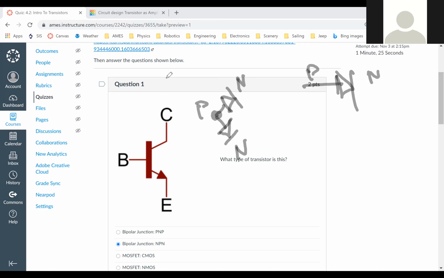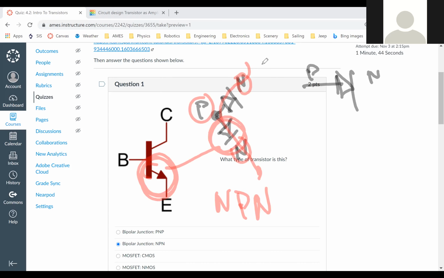So now if you look at the transistor, if you were to go through it this way, you'd hit N first and then P and then N. So that would be an NPN transistor. And this arrow right here is meant to represent that diode.